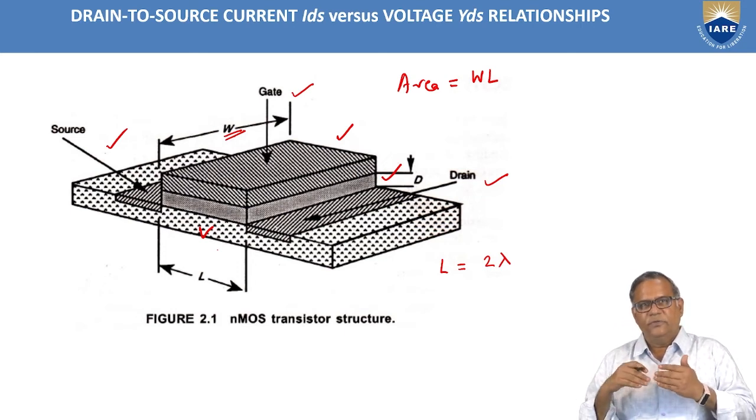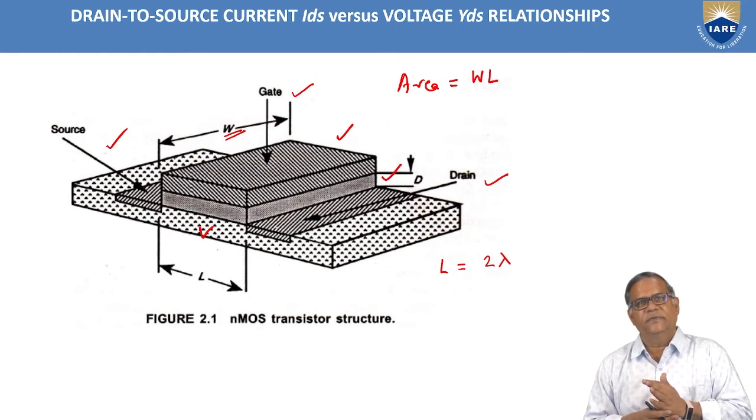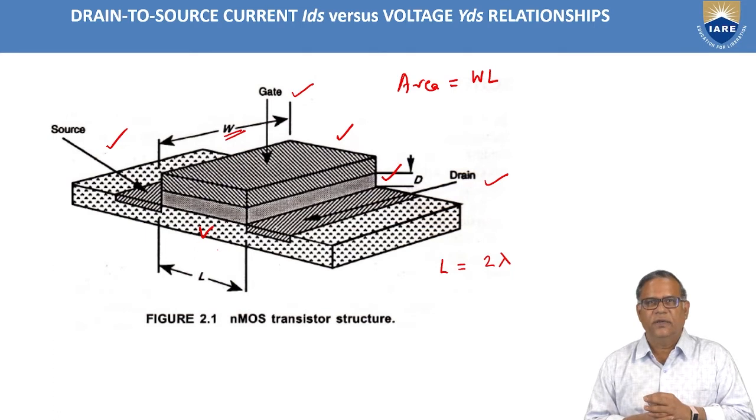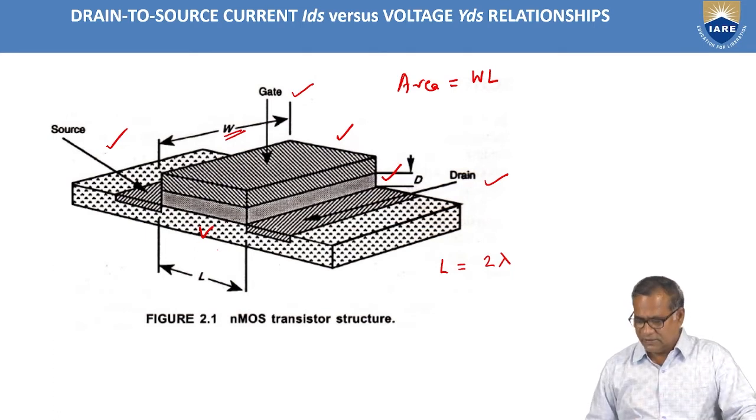So I am going to convert the IDS versus VDS relationships using the gate capacitance and also using unit area gate capacitance in this way.